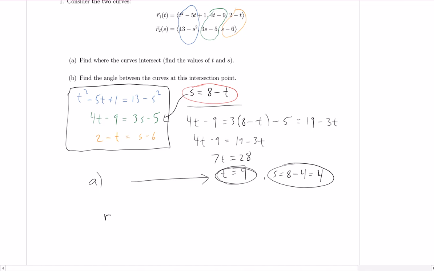So let's do that. What's r1 prime? Well, r1 prime is 2t minus 5 for the first slot, and then 4 and minus 1.